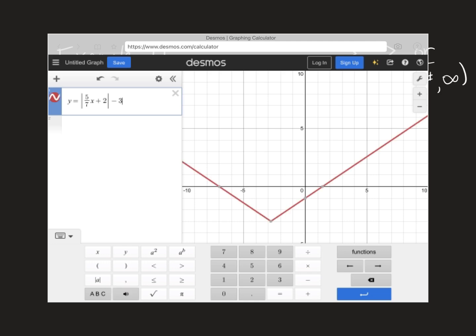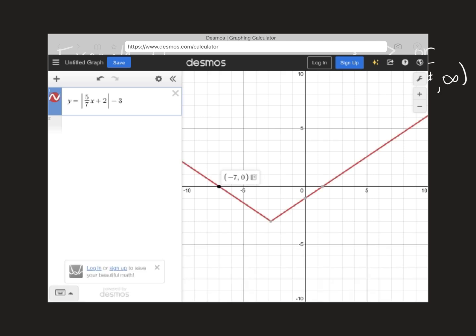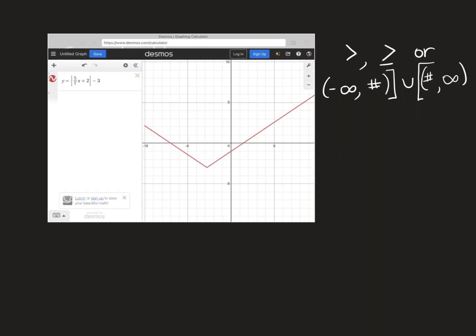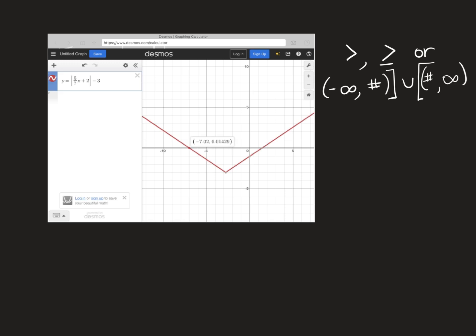Okay, so there's my graph. It crosses at -7 and 1.4. So let's see how to write that solution.